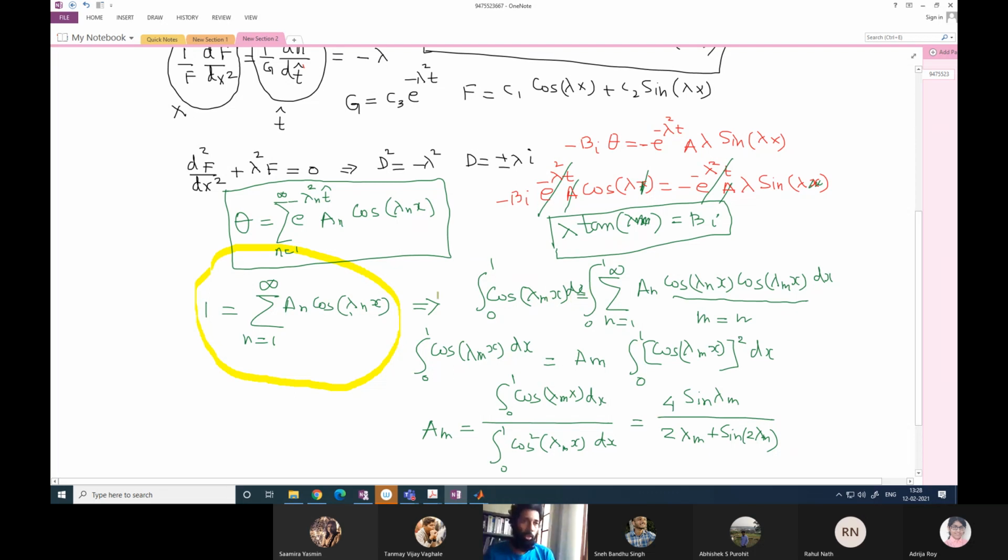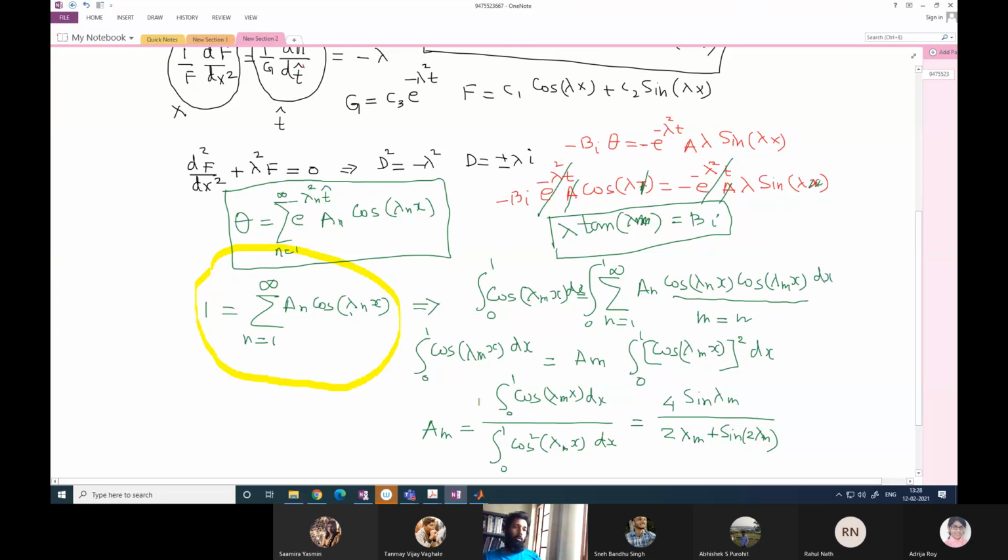You can check yourself that this orthogonality property means cos lambda n x times cos lambda m x integrated from 0 to 1 is non-zero only when m equals n. So in the entire series, only one term survives, that is a m. So that's how we get a m.